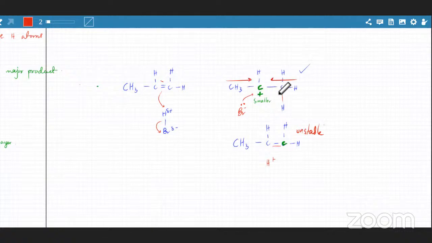It has more alkyl chains, hence it's more stable. That's it. Draw this particular ion, tell them that it's a secondary carbocation. Secondary carbocations are more stable, they have more alkyl chains, which have an electron donating effect, so the charge density is lesser. That's it. This is what you're going to write over here.